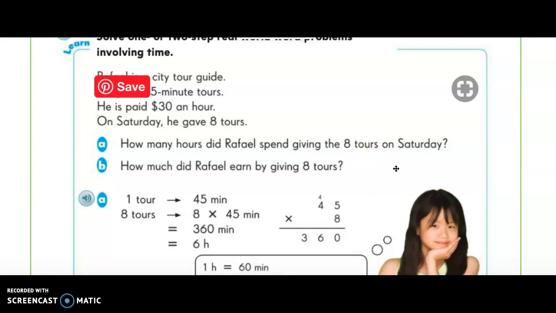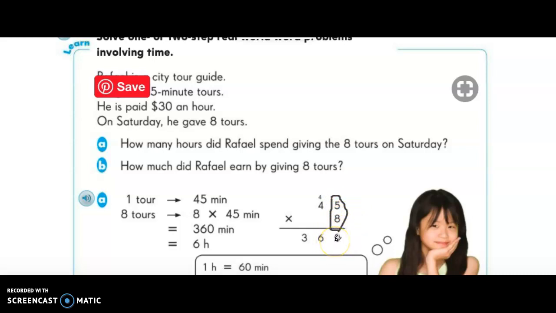So if he gives 45-minute tours and he's done 8 of them, we're going to start by doing 45 times 8, which is done right over here to get 360. Now again, for multiplication, I'm just going to run through this to refresh your mind. So first thing we're doing is multiplying the ones. 5 times 8 is 40.